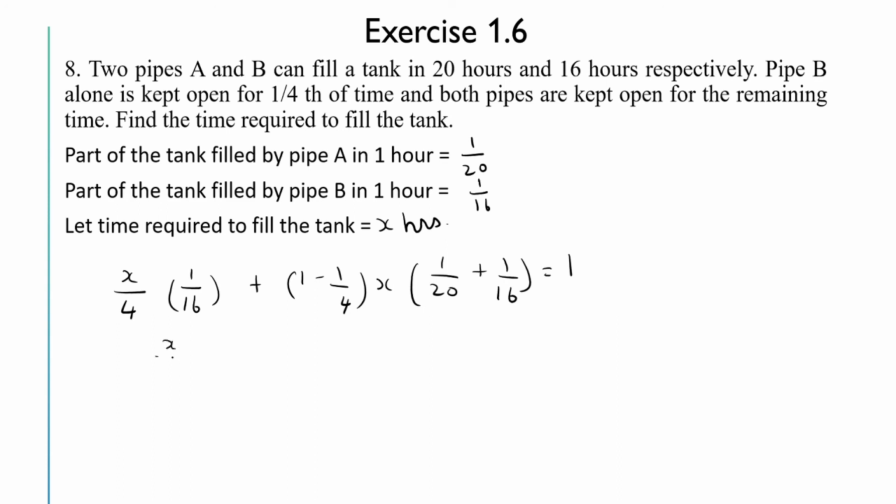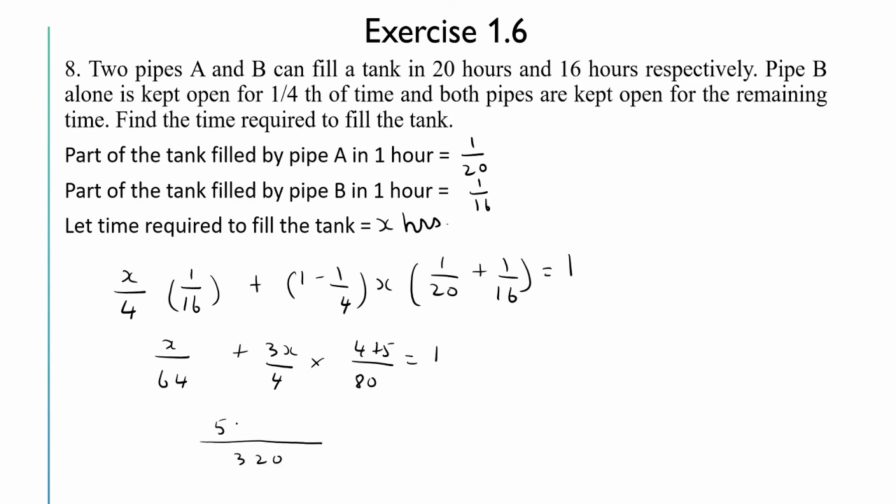So we have x by 64 plus 3x by 4 into, let us take LCM. LCM is 80. So here we get (4 plus 5) is equal to 1, or let us take here whole LCM as 320.